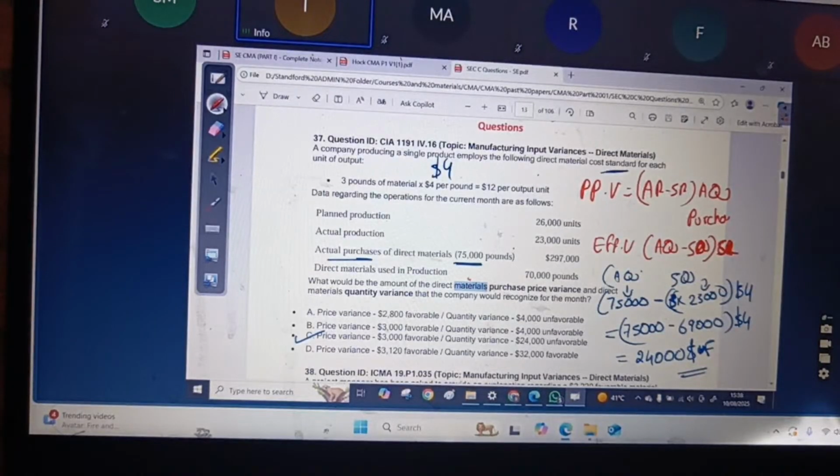Actual quantity of input allowed means how much input we are putting into the production of 23,000 of output. That is what we are finding out. We have already purchased 75,000 units.